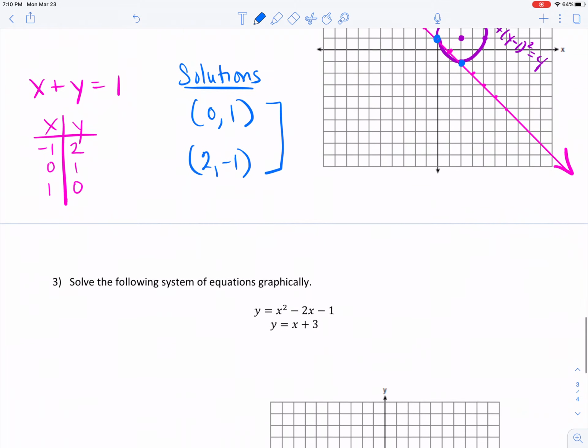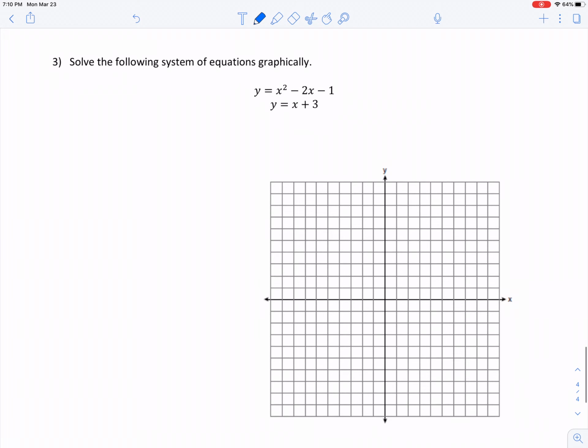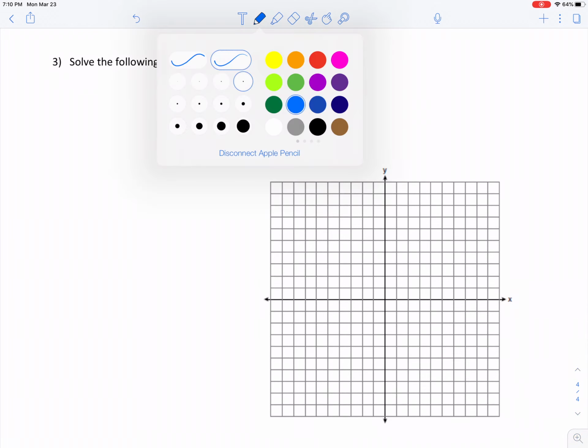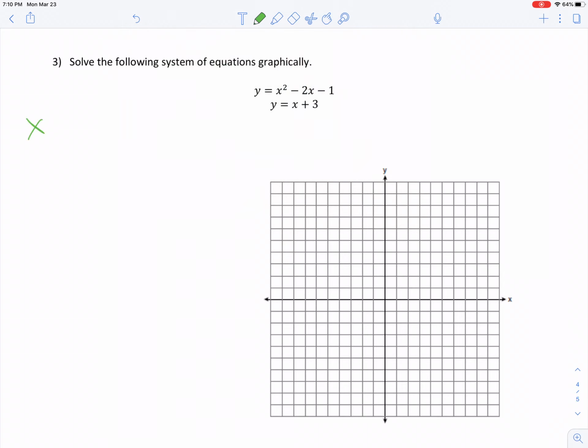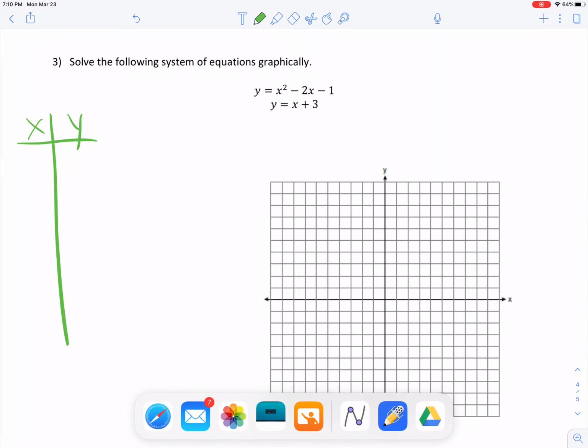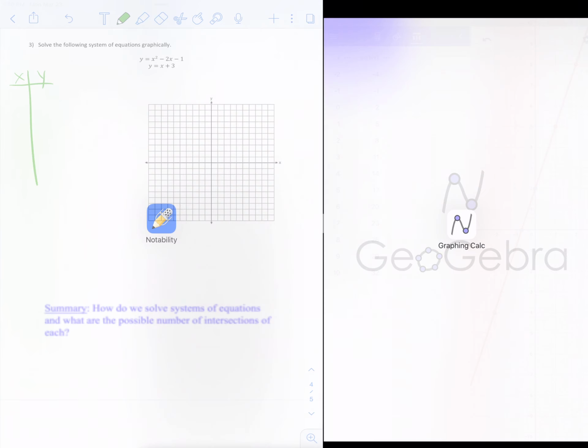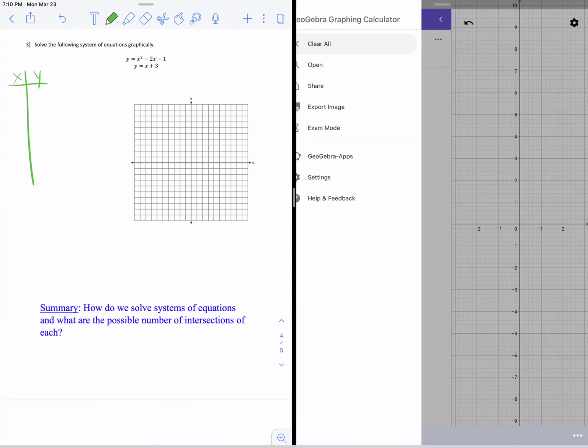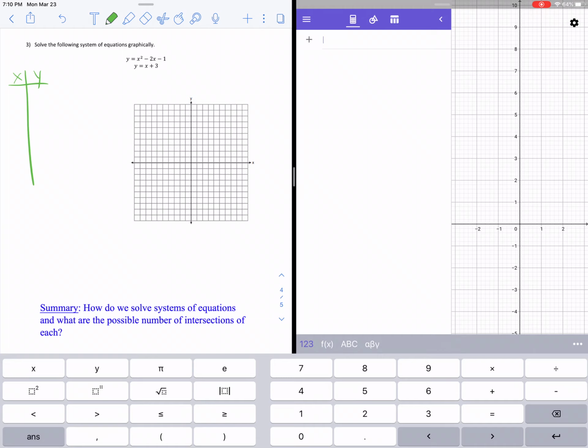I'll do the next example also that has a parabola and a line. The parabola, again, I'm going to put into the calculator and find the vertex because that's going to be what I want in the middle of my table of values.